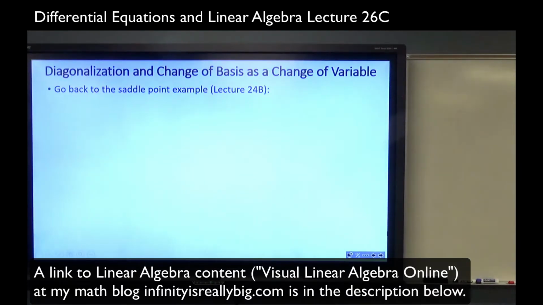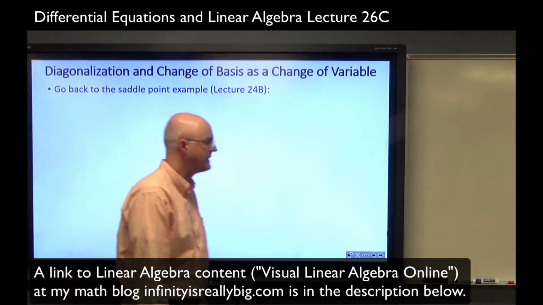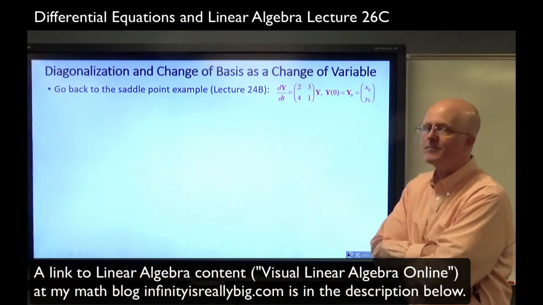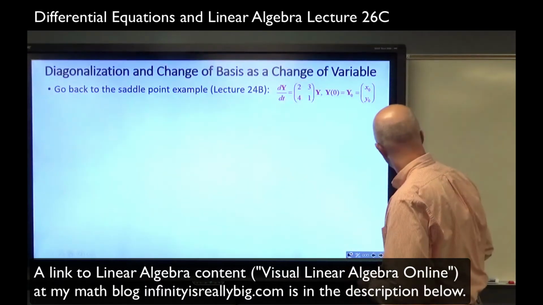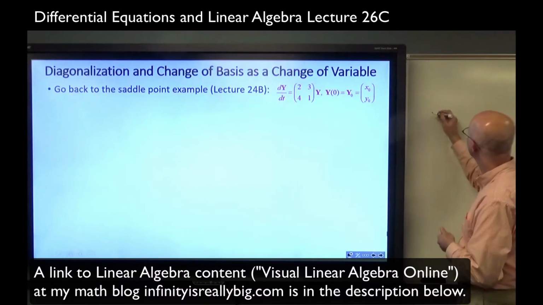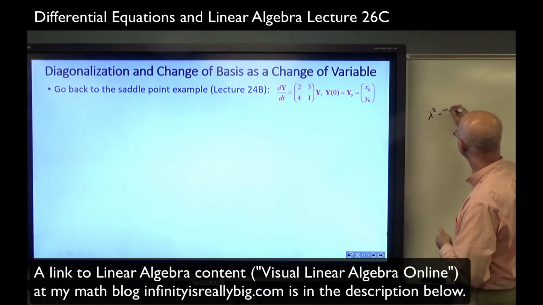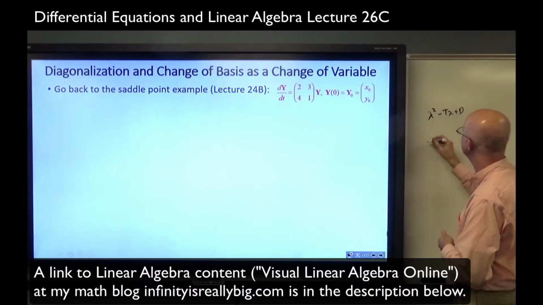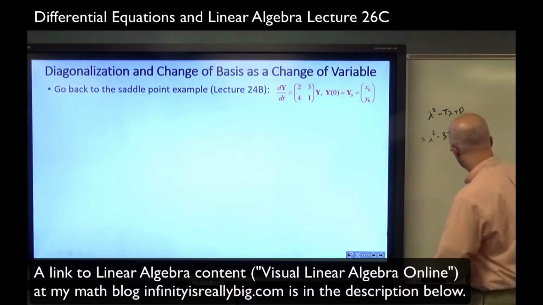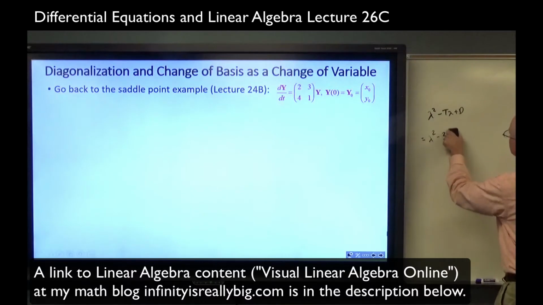All right, let's go back to the saddle point example from lecture 24B. This one right here. Let's quickly remind ourselves what the characteristic polynomial would be. Lambda squared minus the trace times lambda plus the determinant. The trace of that matrix is 3. So we get lambda squared minus 3 times lambda.